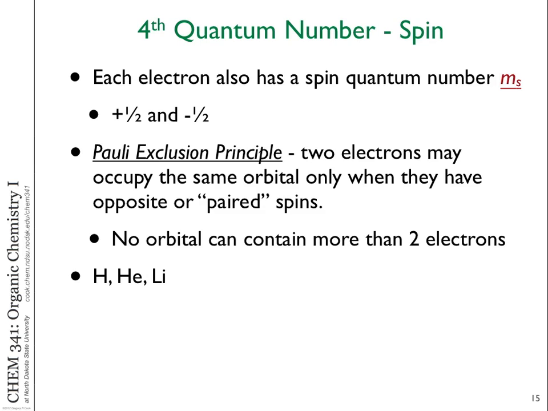That is, if you have an electron that has a +1/2 spin, the other electron in the orbital has to be opposite, or -1/2 spin. No orbital can contain more than 2 electrons. Okay.